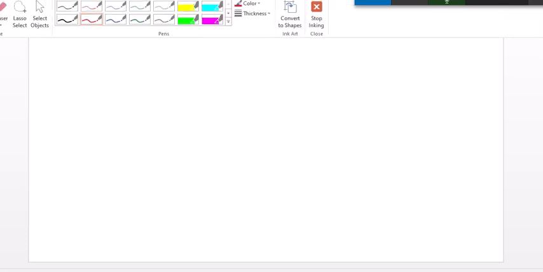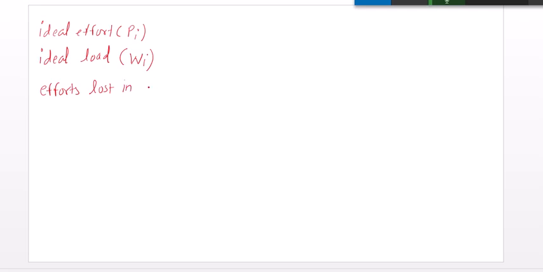So in today's session we are going to see what is the ideal efforts, which is denoted by P suffix I. Second one is the ideal load, that is W suffix I. Then efforts lost in friction, similarly load lost in friction.